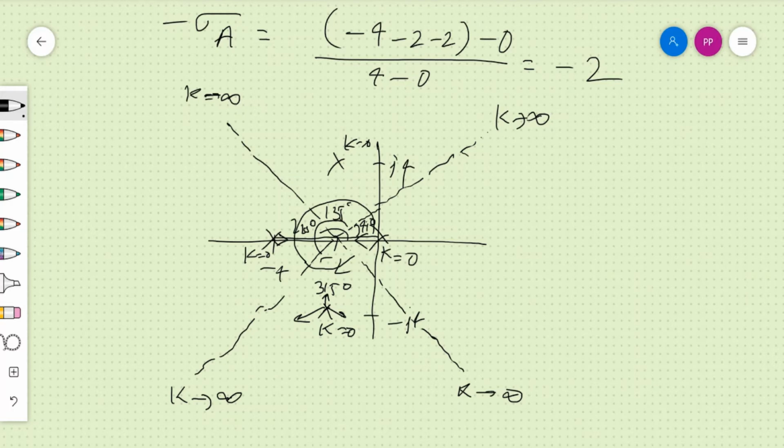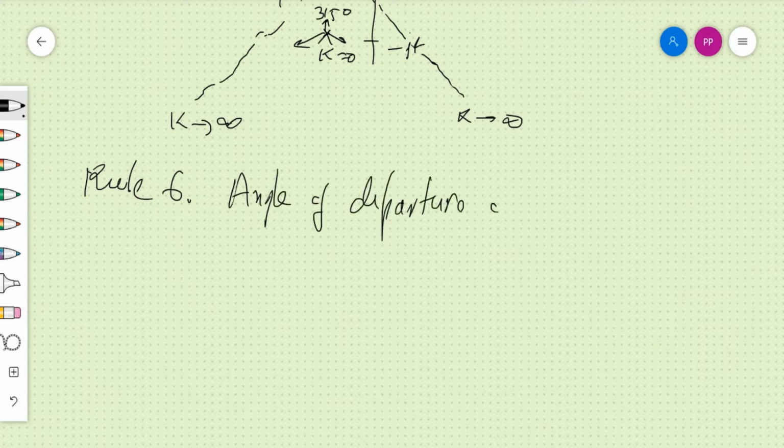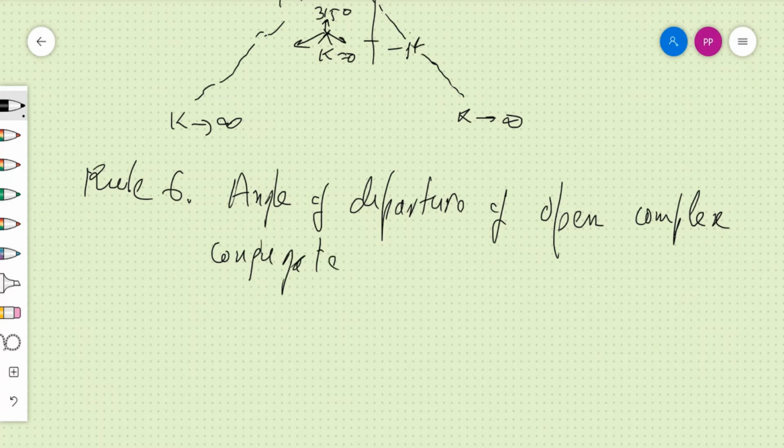So this is rule 6: the angle of departure of open loop complex conjugate poles is given by phi p equals 180 degrees.